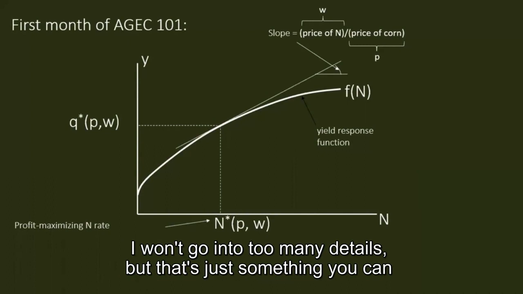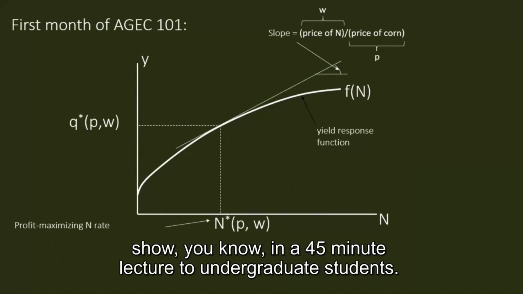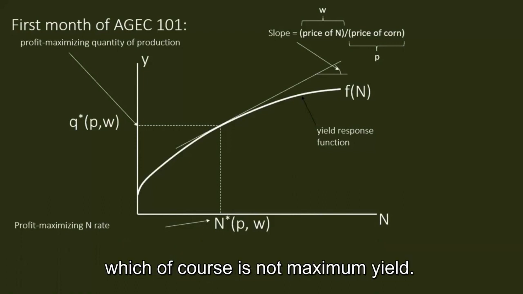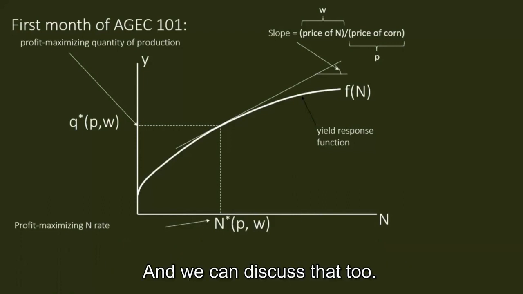I won't go into too many details, but that's just something you can show in a 45-minute lecture to undergraduate students, okay? And then there's also a profit maximizing amount of production, which of course is not maximum yield, and we can discuss that too.